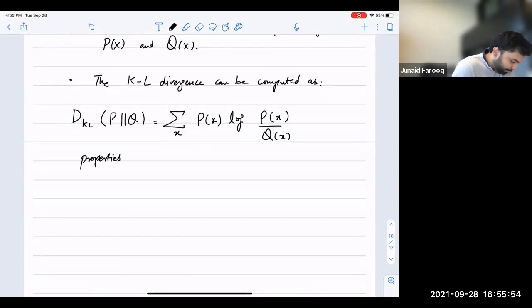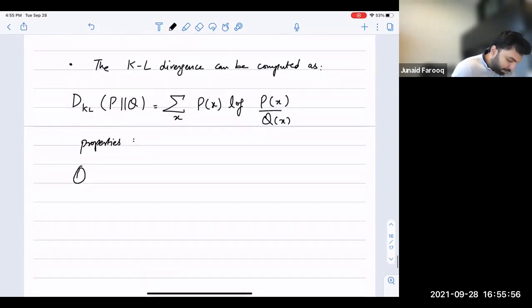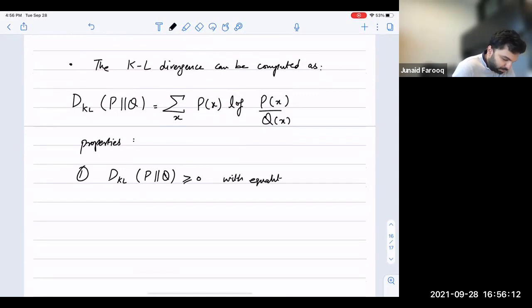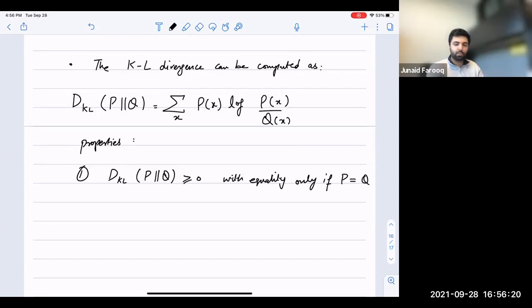Now, the important thing to note here is some properties. First, the DKL between P and Q is actually positive, with equality only if P equals Q. Okay, so two distributions will always be some positive distance apart, and their distance will be zero only if the two distributions are identical.